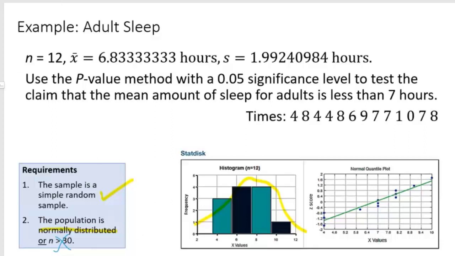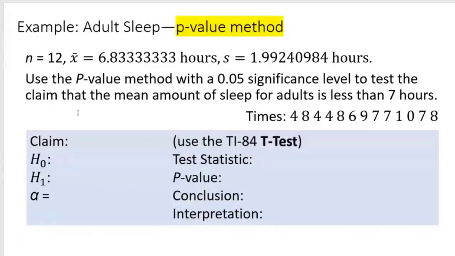Once we've met our requirements, then we should be able to do the test. Again, I don't have all the paragraph up here, but these were the key numbers from the problem. So let's look at what we would need to do for each of these. The claim, again, was that the mean amount of sleep for adults is less than 7 hours. Now we're making a claim about a population, even though I only have a sample right here.